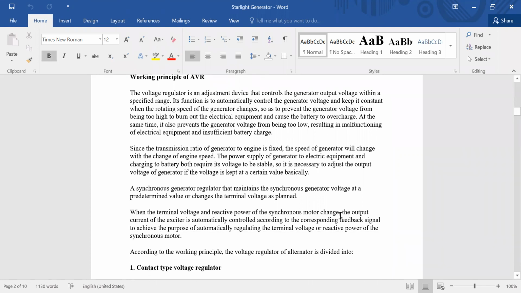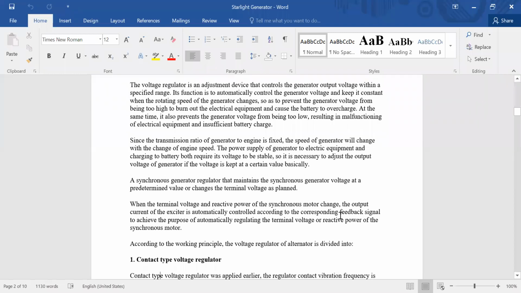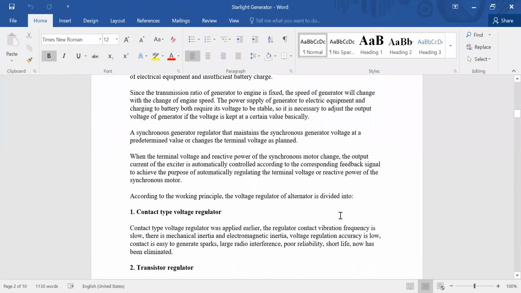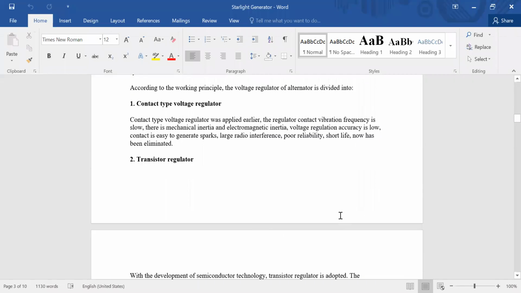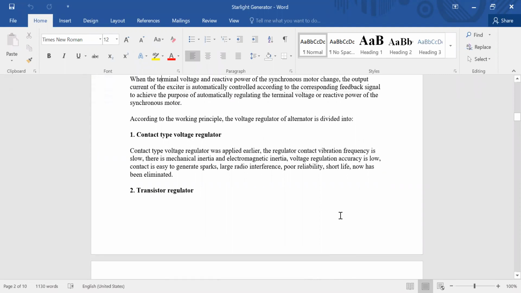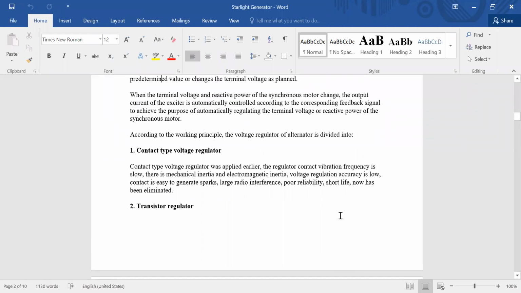For the synchronous generator also, the regulator maintains the generator voltage constant at a predetermined value or changes the terminal voltage as planned. When the terminal voltage or reactive power of the synchronous motor changes, the excitation is automatically controlled according to the corresponding feedback signal we give, and we achieve the purpose of automatically regulating the terminal voltage or reactive power of the synchronous motor.